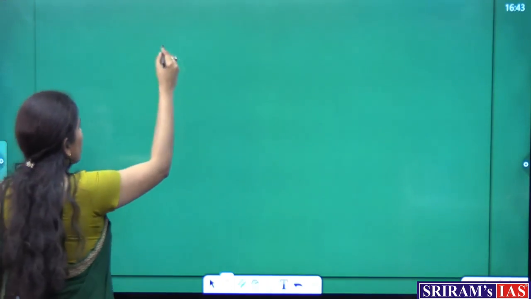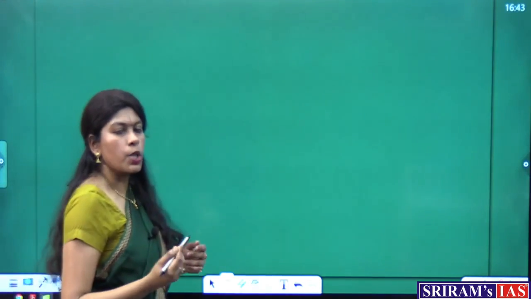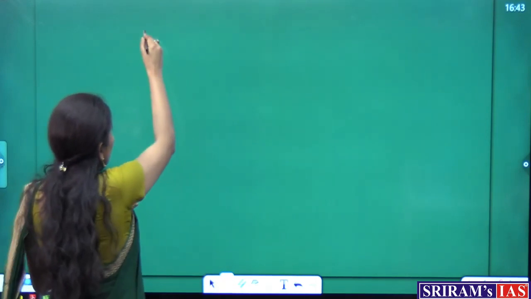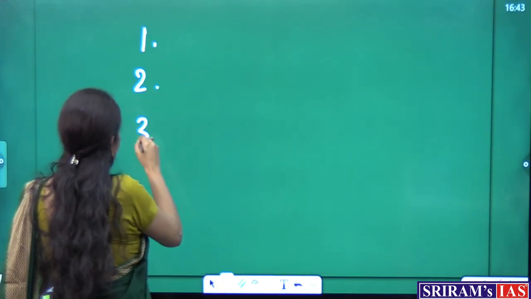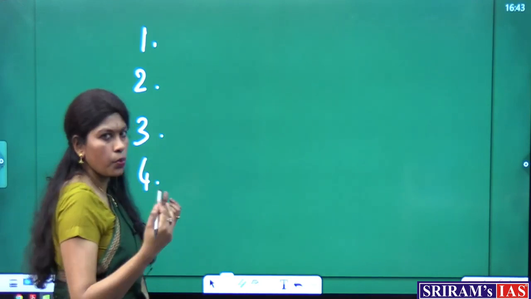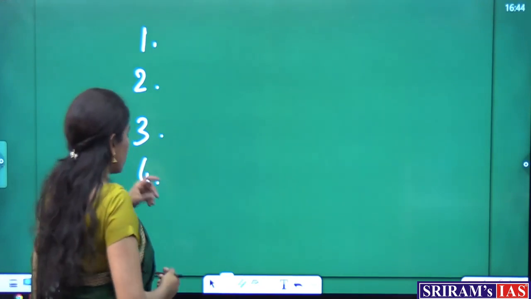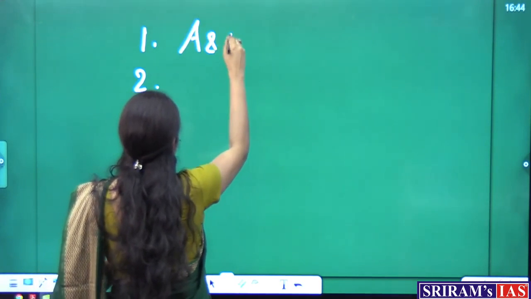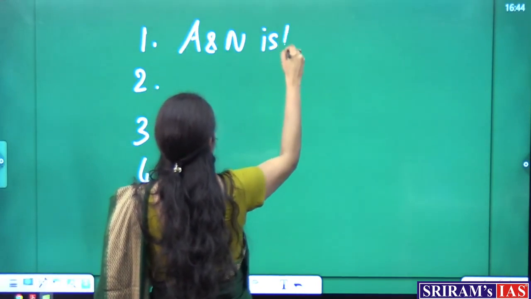Come to India. In India, what are the areas which have coral reef? The major coral reefs are found in only 4 areas. The first one is the Andaman and Nicobar Islands.